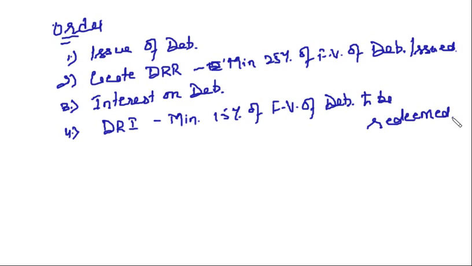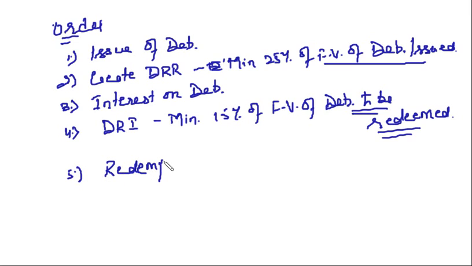See, this difference is very important. Here you have the face value of debentures that have been issued. Here you have to create 15% of the face value of debentures that are to be redeemed in that particular financial year. Clear? Then you have redemption. Then transfer of DRR.